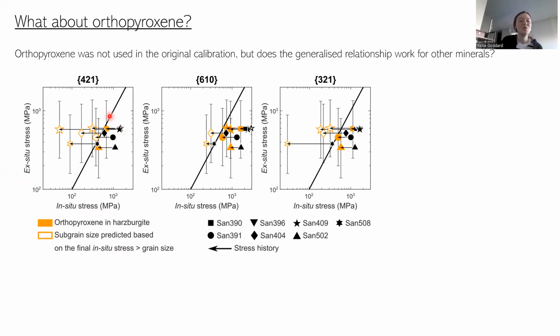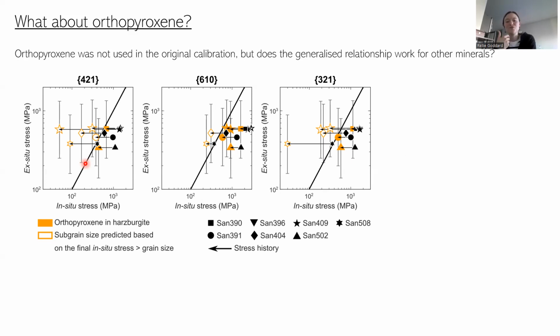In this case, I put both the peak stress and also the final stresses, and I've used open symbols for those which have a really low stress and a really small grain size, where you wouldn't necessarily expect there to be subgrains in them. And this is very, very messy and doesn't really show a relationship.